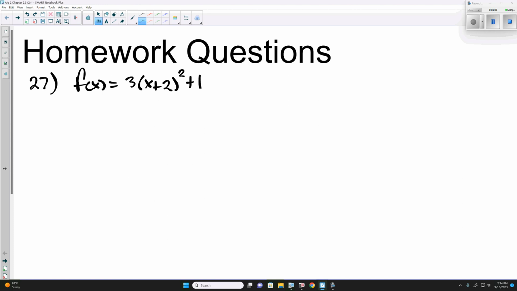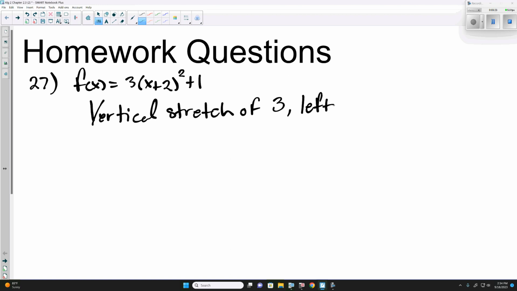So here we want to describe the transformation. So one of them is a vertical stretch of 3. The plus 2 inside would be a shift to the left of 2.